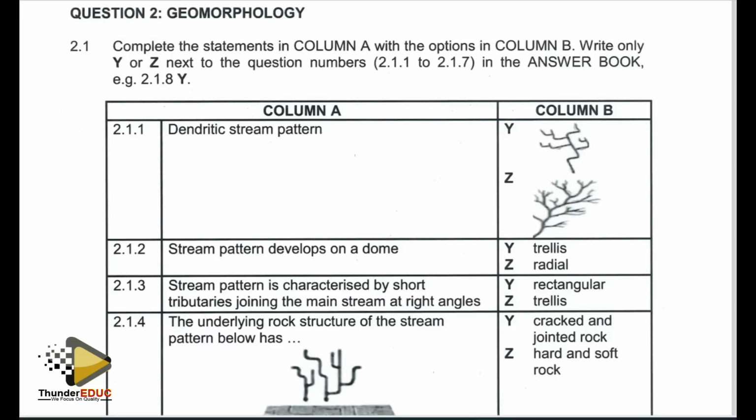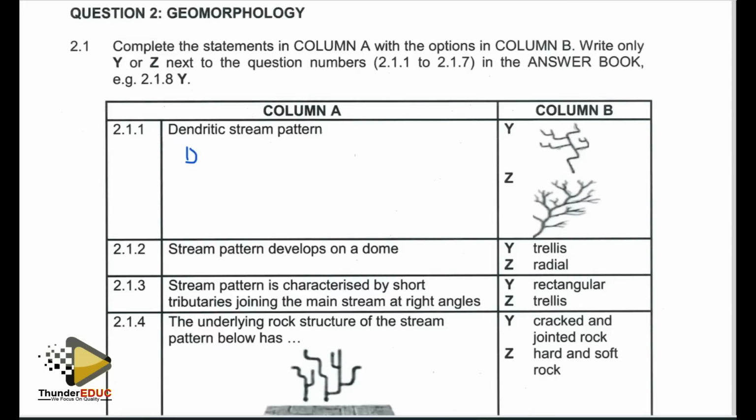In this instance, we know well that the term dendritic is derived from the Greek term dendros, which means a tree and its branches. So when we're talking of a dendritic pattern, we are looking at a pattern which resembles a tree and its branches.